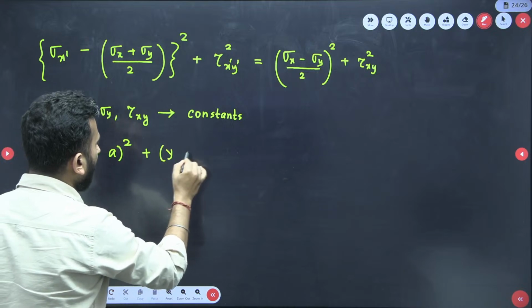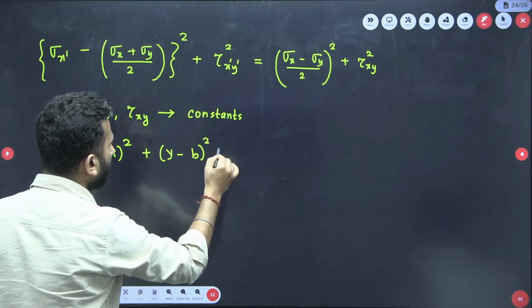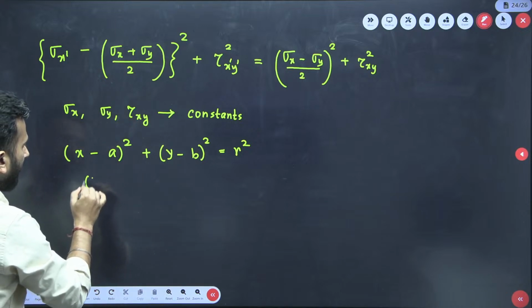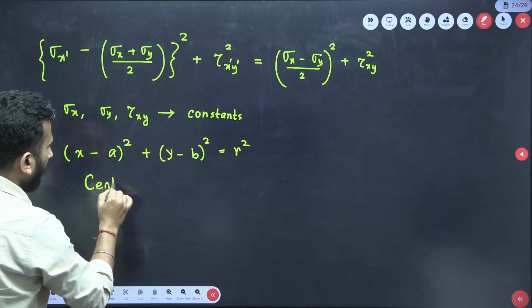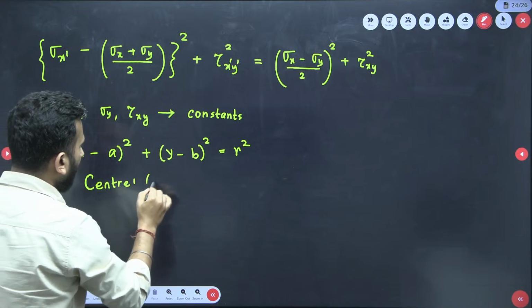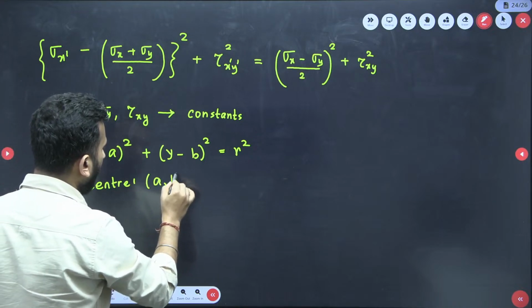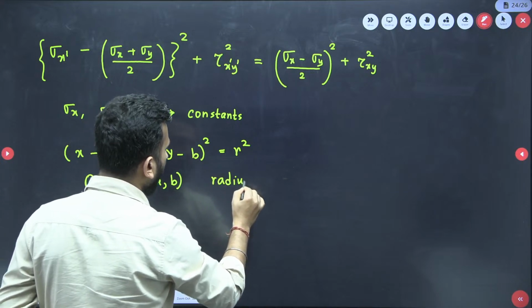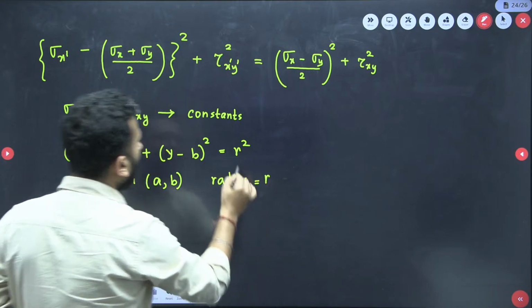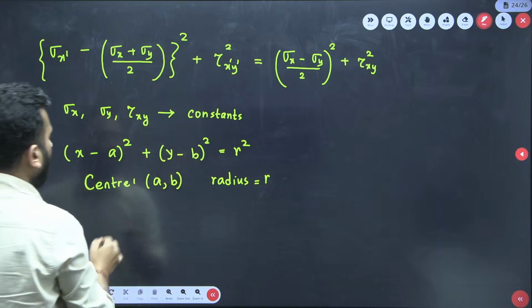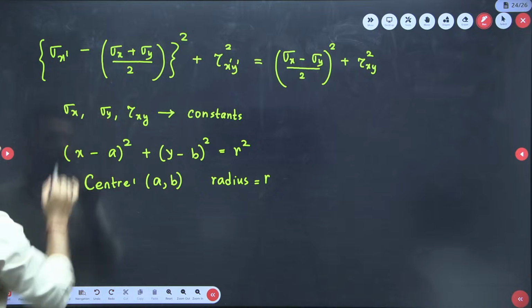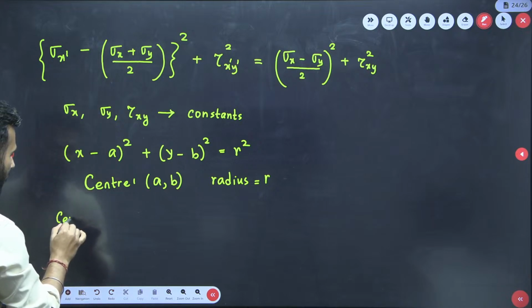This is the general equation of a circle whose center is a comma b and radius is r. So if you compare both these equations, what can you say?